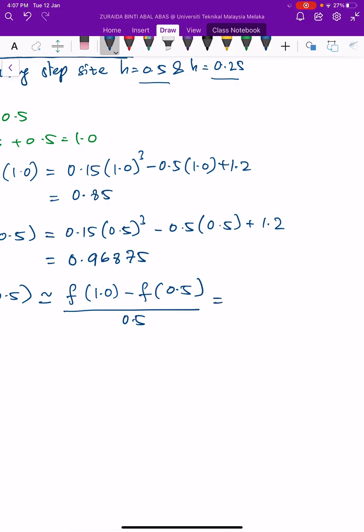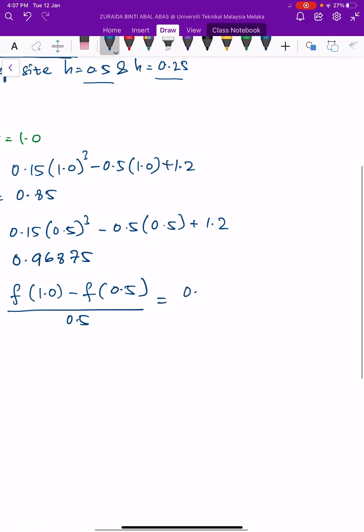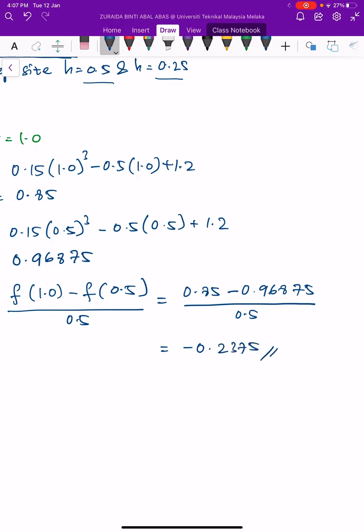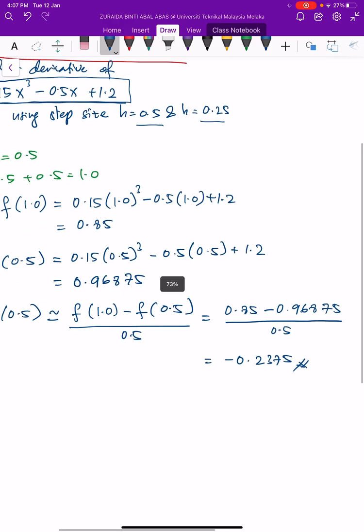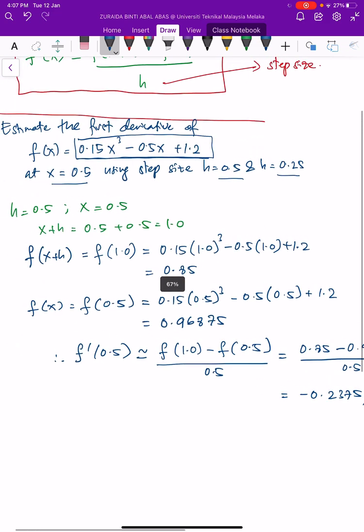You will get 0.85 minus 0.96875, divided by 0.5, which gives you minus 0.2375. This is the approximation for the first derivative of this function.